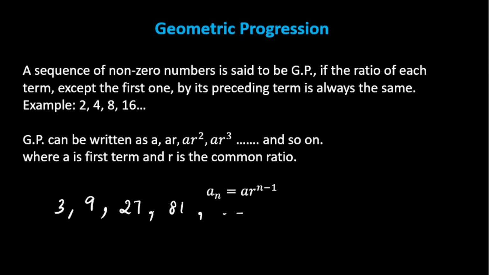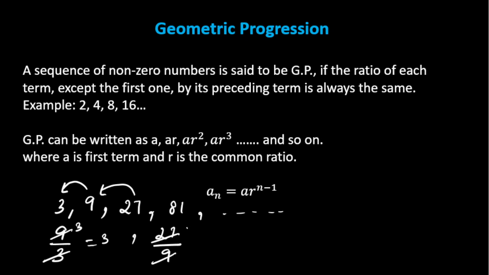I've just given one more example of a sequence. Here also, let's check whether this is a geometric progression or not. Each term will be divided by its previous term. 9 divided by 3 is 3. In the same way, 27 divided by 9 is also 3.